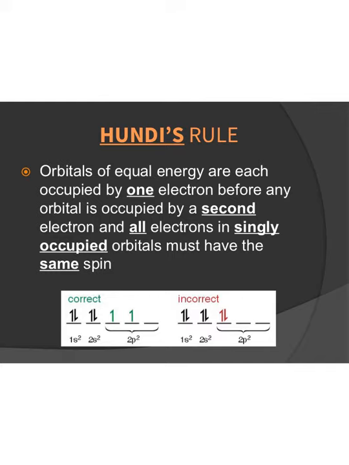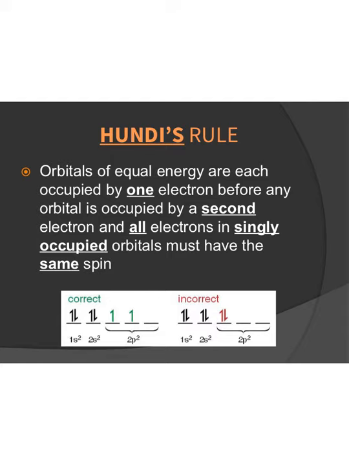Like in Hund's rule, it says that each of these electrons like to have their own room. They really don't want to partner up unless they really, really have to. And in order to go on to the next energy level, you have to have two per, and I call them rooms. Okay? These are kind of like apartments.